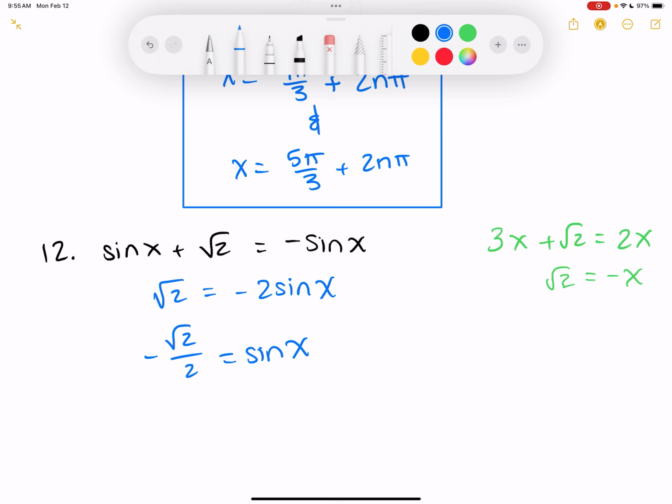Just do it in fours. Well, 7 pi over 4 is one of them. There's another one, there's 2. You got the one in the bottom right. I need the one in the bottom left. 5 pi over 4.